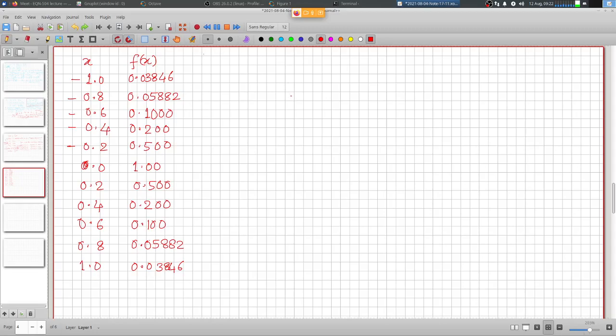So now we look at the divided difference, first order divided difference. Okay, the zeroth order divided difference is just the function value, right?